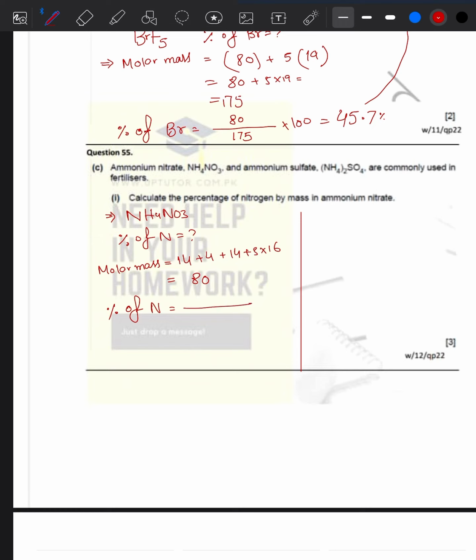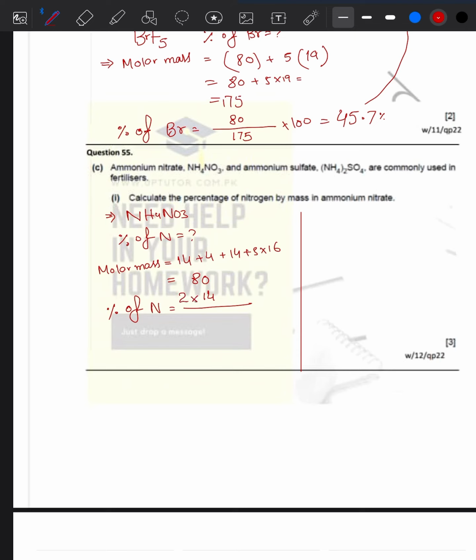Now we have to find out the percentage of nitrogen. So what is the mass of nitrogen? Mass of nitrogen is 14, but here we have two nitrogen atoms, the first one and the second one, so we will multiply it with 2. But most of the students will just do 14 divided by 80 into 100, so this is wrong.